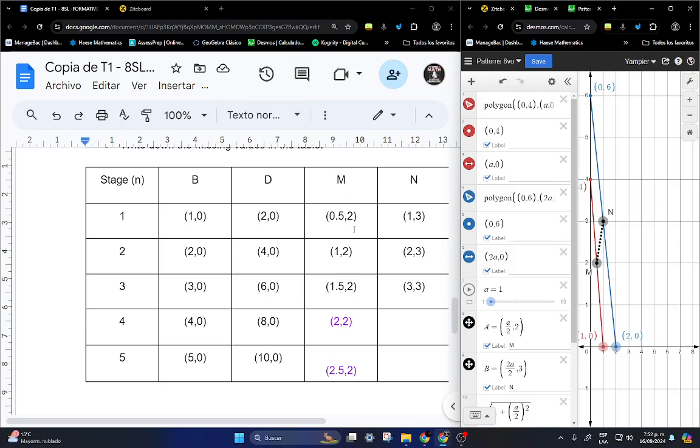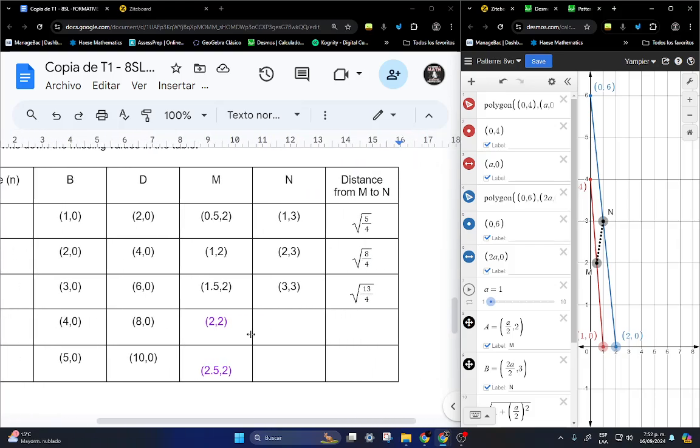The 2 is fixed, so it's always going to be 2 in the y part of the coordinate, but the x part is changing, starting at 0.5, then changing to 1, so we added 0.5, and if we add another 0.5, we get to 1.5, then to 2, and then to 2.5 if we add 0.5 again. So that is how this pattern is changing. It's just inside a coordinate.